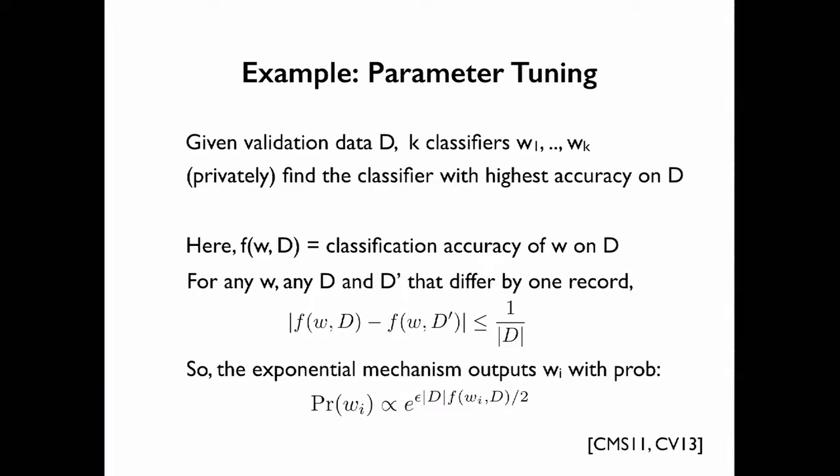Here I have given you an example where W is discrete. We have W1 to Wk. We can also run the exponential mechanism in the continuous case. So W could have some kind of base measure, and then you can look at what happens after you see the data.